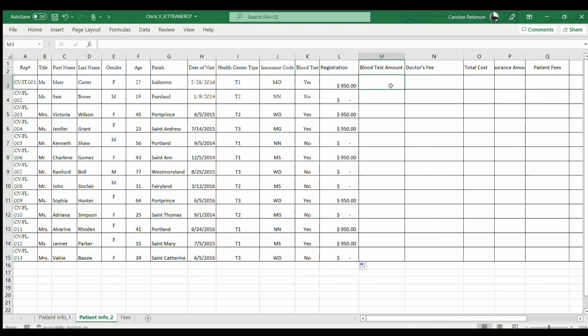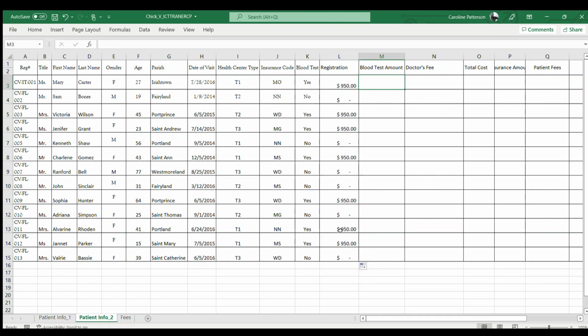And they said that the blood test amount is going to be 10%. Let's go back to the spreadsheet portion and just make sure. They said that it's a 10% handling fee for the cost of each blood test. 10%. So 10% is the same thing as 0.1, right?